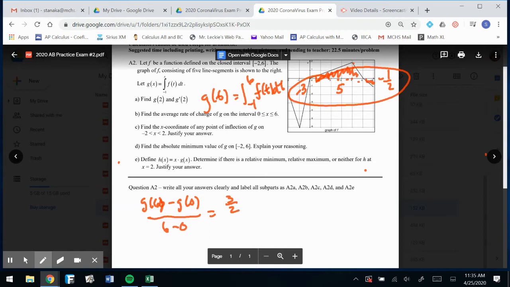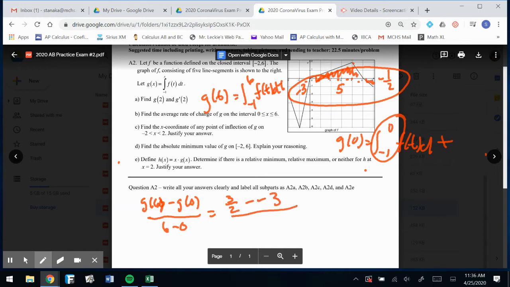Well, what is G of 0? Well, G of 0 is just the integral from -1 to 0. Once again, still going in order. Important to know that those limits are in order. From -1 to 0. Okay, that's that. We already said that was -3.